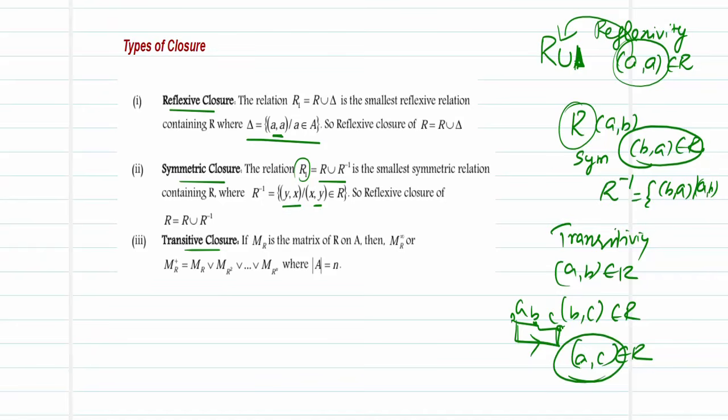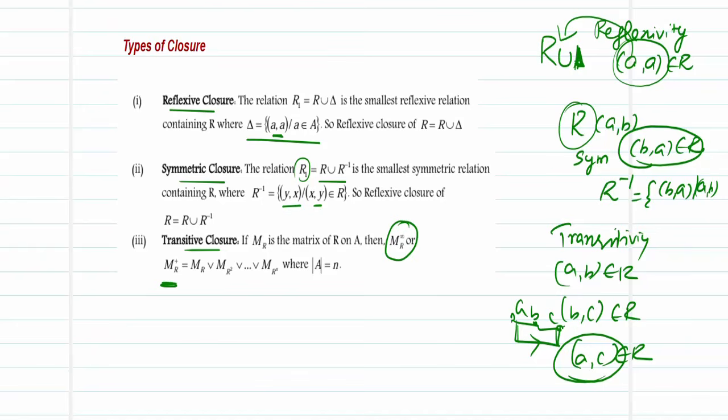If this transitivity is missing, then we can add more pairs by taking the join of the matrices MR, MR square, MR cube and so on. The union of all these will add up the transitive relations, generating a new matrix defined as MR infinity or MR plus.